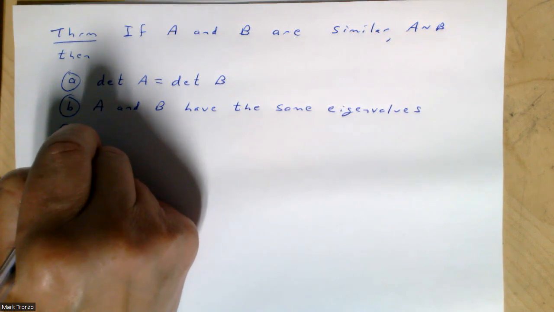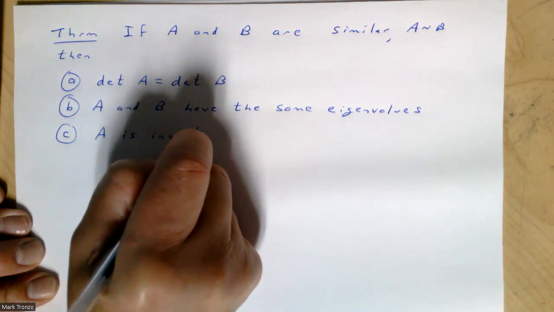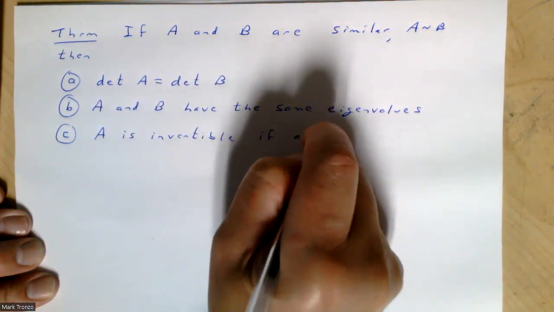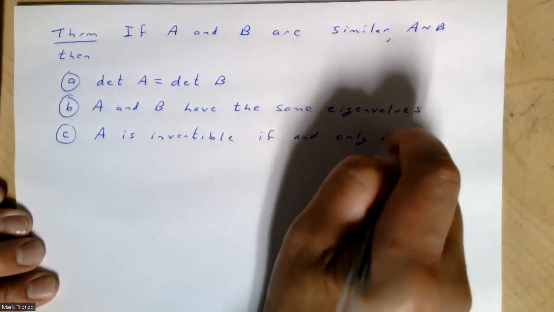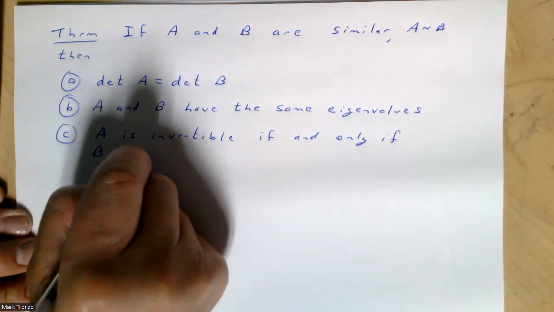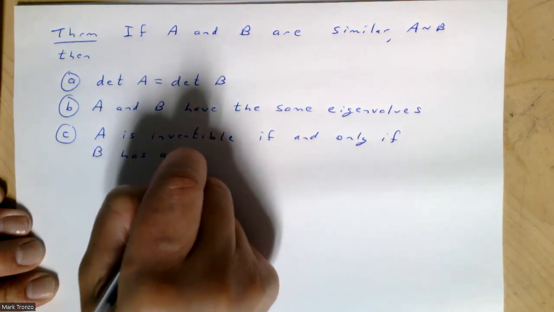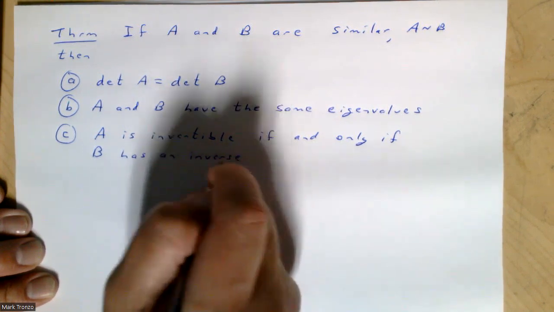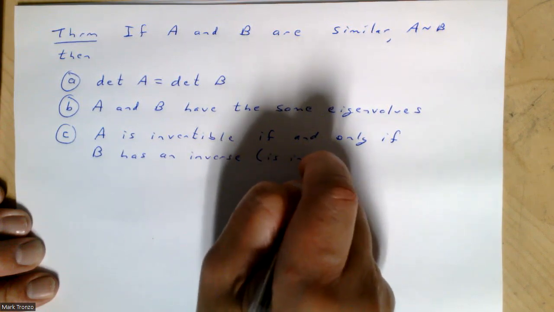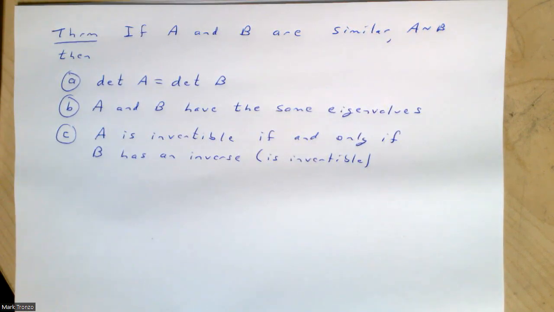C, A is invertible, again, has an inverse, if and only if B has an inverse, or is invertible. So A has an inverse if and only if B has an inverse.